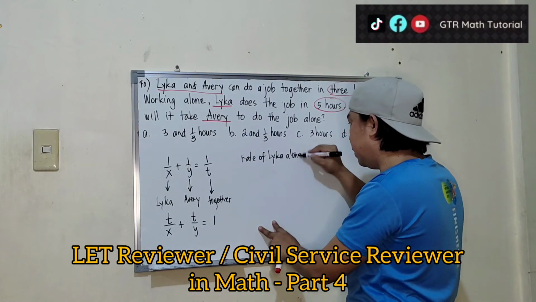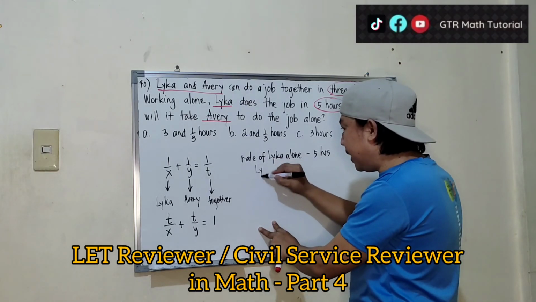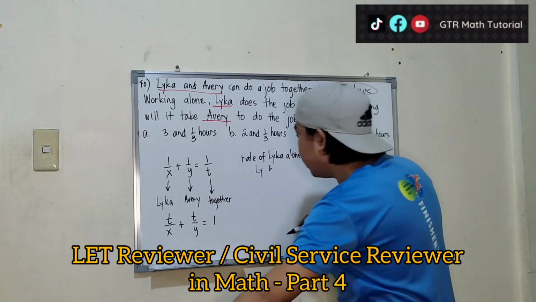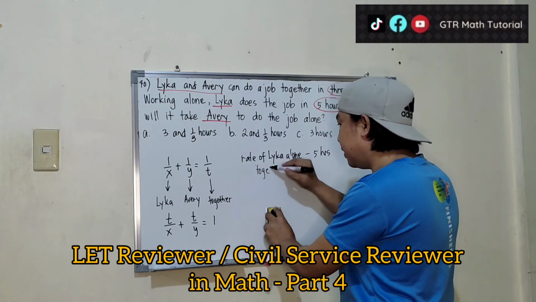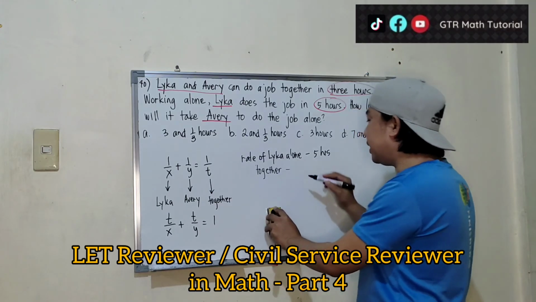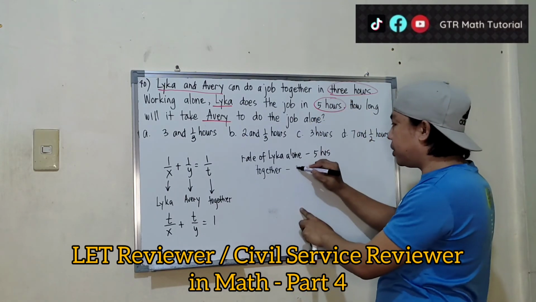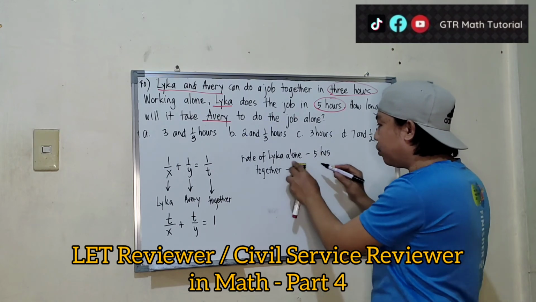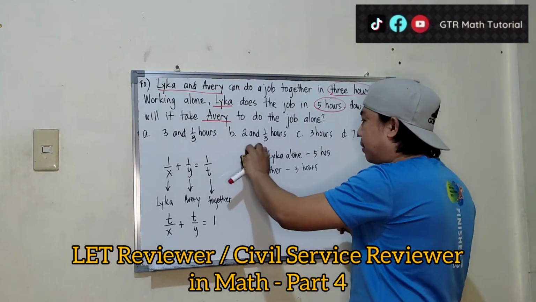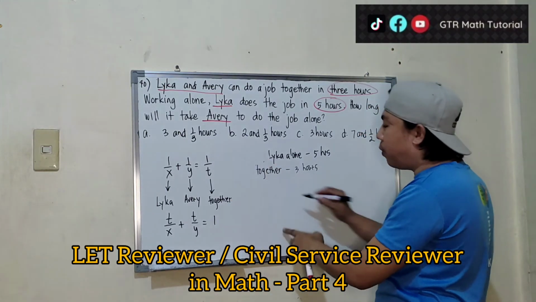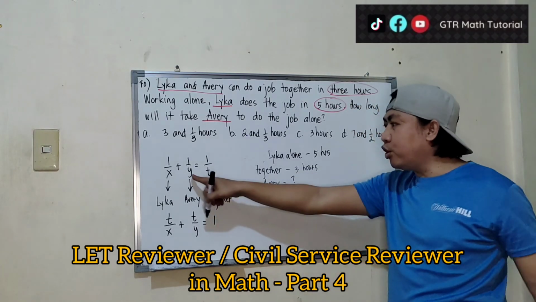Ang time ni Laika alone ay 5 hours. Together, 3 hours. Hindi pala yung rate yan, yung time pa lang ito. Ang hinahanap natin ay kay Avery, ito yung nawawala, yun yung y.